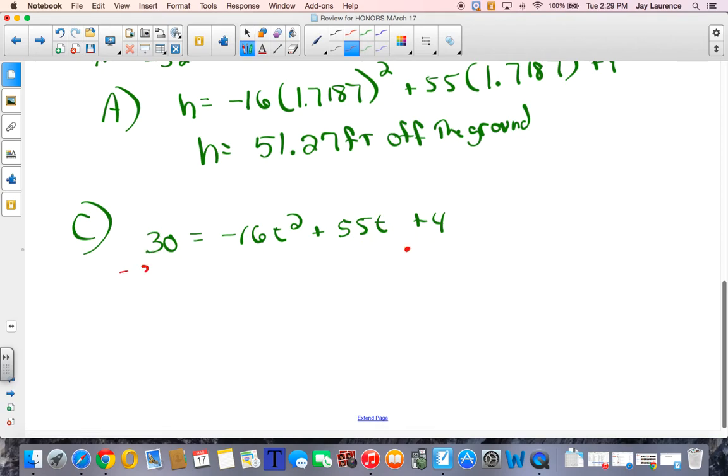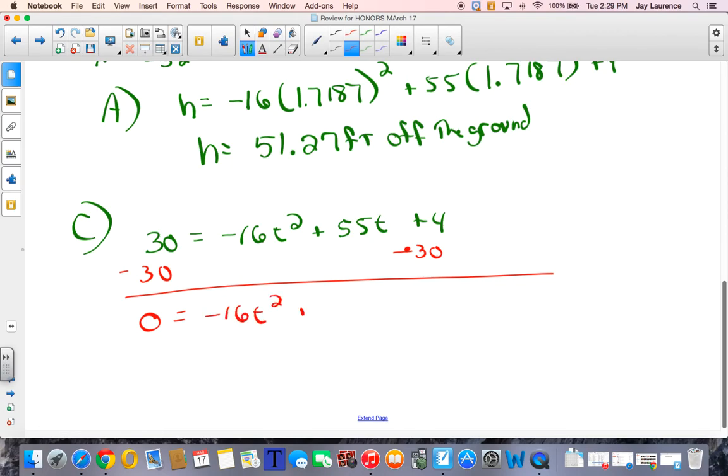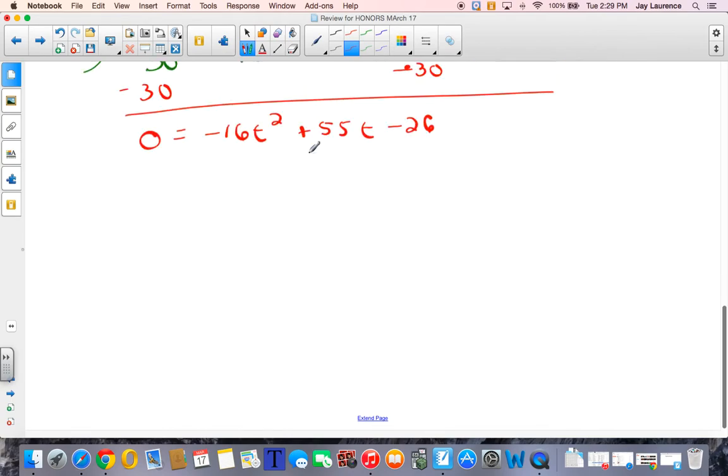So I'm going to subtract 30 from both sides. And I'm going to get 0 equals -16t squared plus 55t minus 26. And now I'm going to go to the quadratic formula. I'm not going to worry about finding the discriminant per se, because I know it's going to have 2 zeros, one of which will be negative.